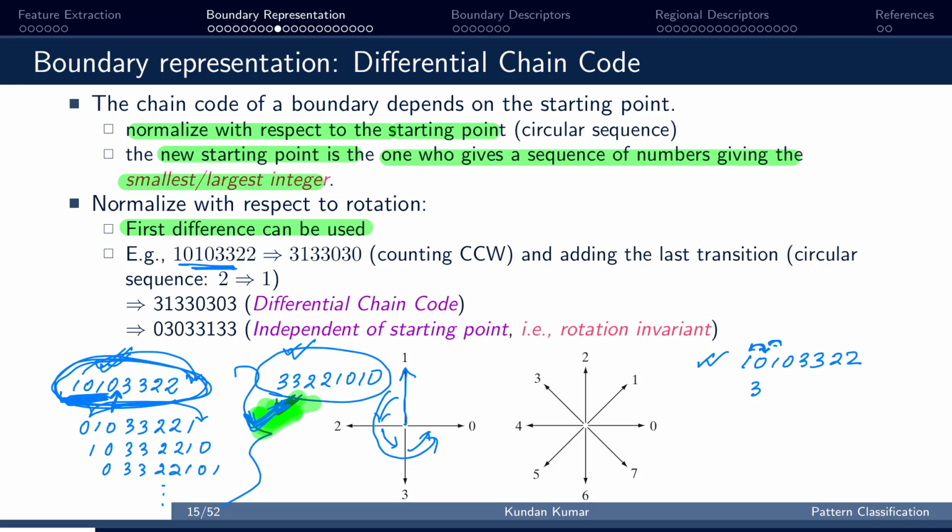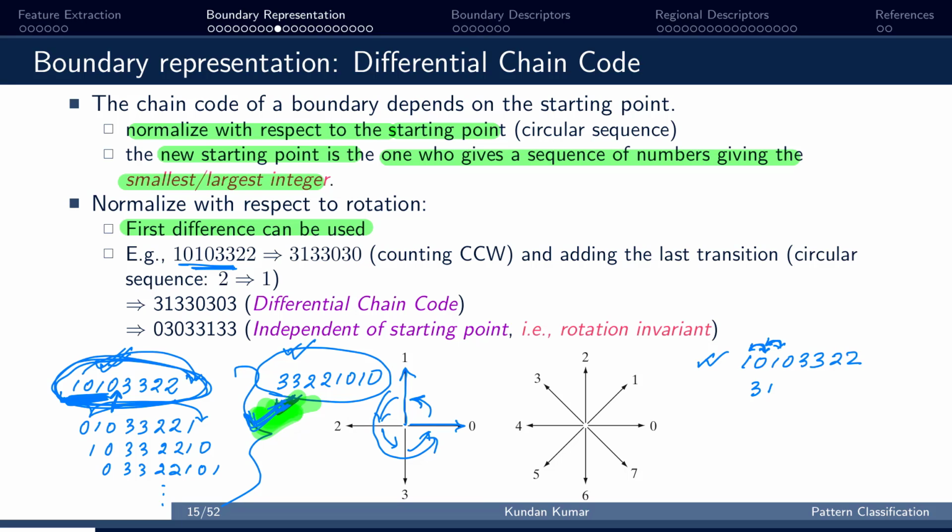Similarly, we can find the first difference between 0 and 1. Start from 0 and move in the anti-clockwise direction to find 1. We have to take only one step to reach 1, so the first difference is 1.